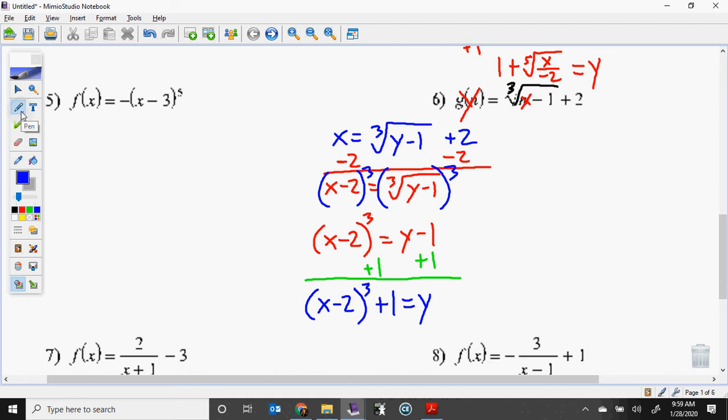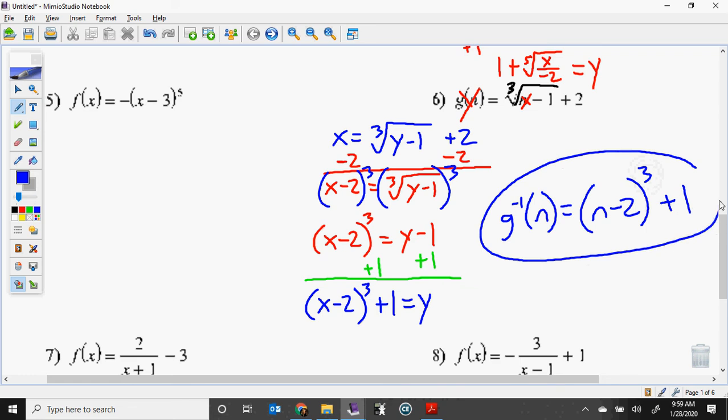They gave me g of n, so I'm going to write g to the negative 1 of n equals n minus 2 cubed plus 1. If you put f to the negative 1 of x and then x, that's fine. But I just want to make sure I'm showing my answer in the context of the problem I was given. So that's how I do number 6 and other problems that have roots in them.